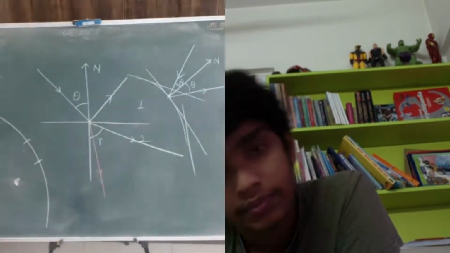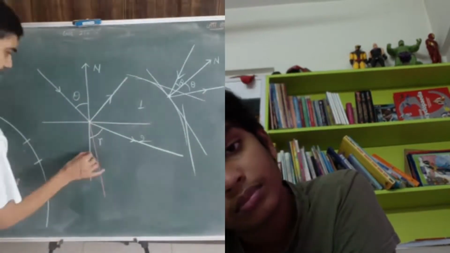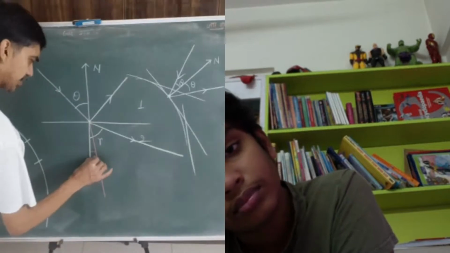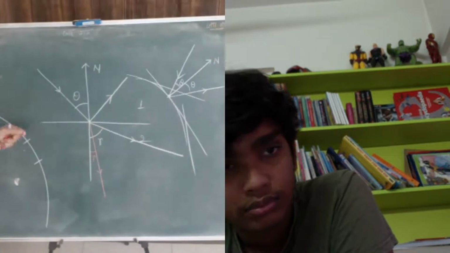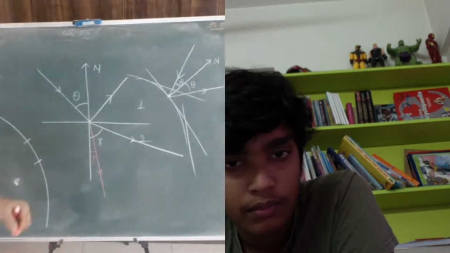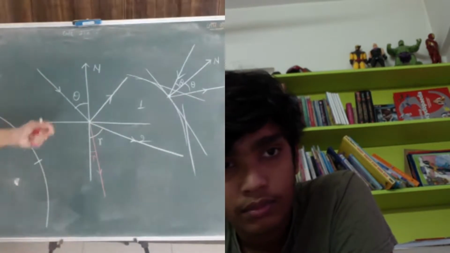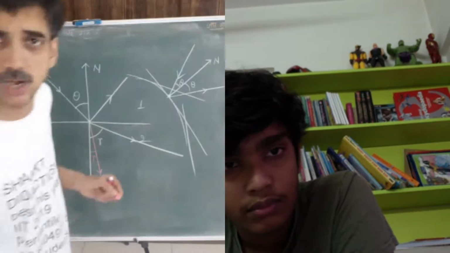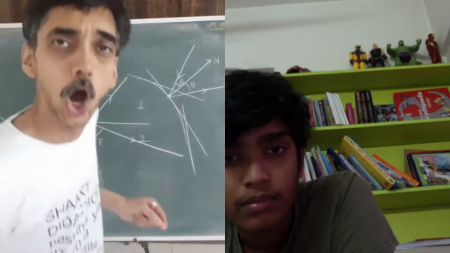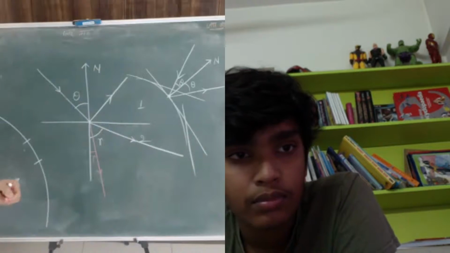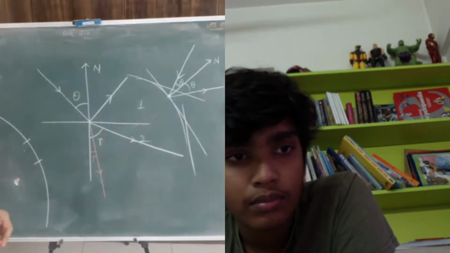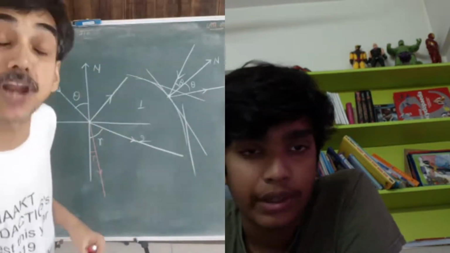In any case, be it moving away or moving towards, the angle that the ray makes with the normal is given the epithet of angle of refraction.